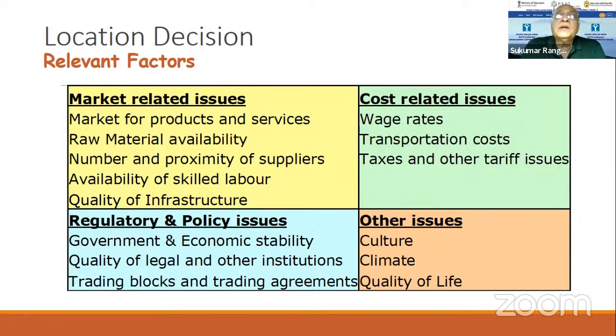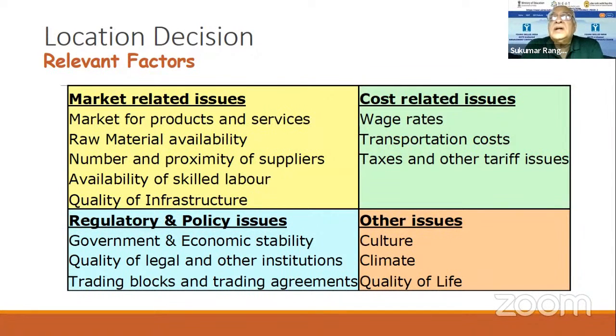Productivity may be higher, but the problem is again the things related to constant demands which come in. Transportation costs, taxes, and other tariff issues. Regulatory and policy issues from the government, which has stable and constant policies rather than changing with every government.